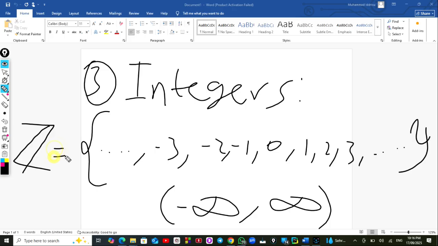It's not the best, but it's just trying to depict the set of integers that we know. I can't write it well, but something like the Z for integers.